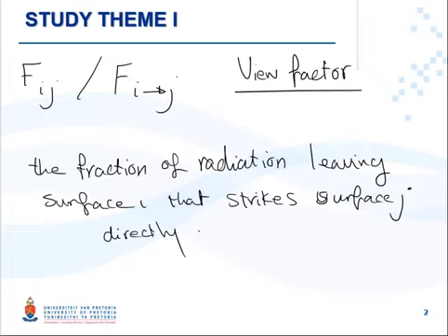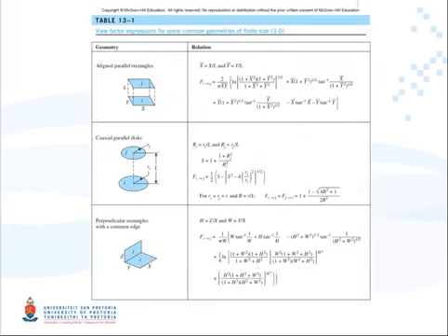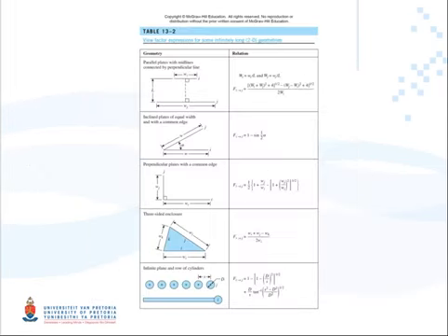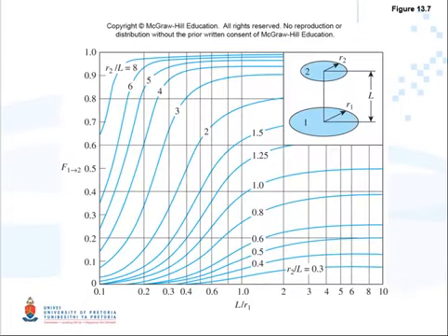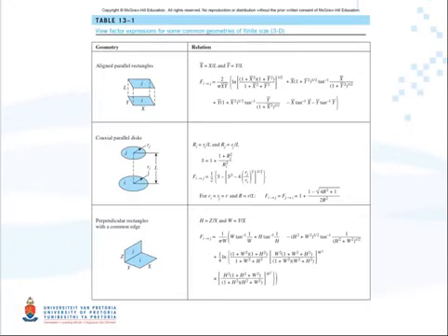If you go to your textbook, you can find that there are tables like table 13.1, table 13.2, figure 13.5, 6, 7, and 8. In these figures, you can find the view factor for some of the common geometries that we are facing in this chapter, as well as equations.